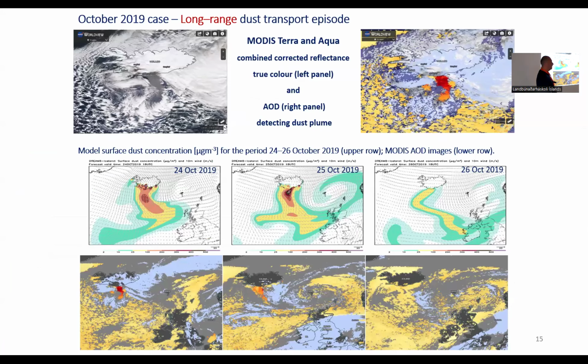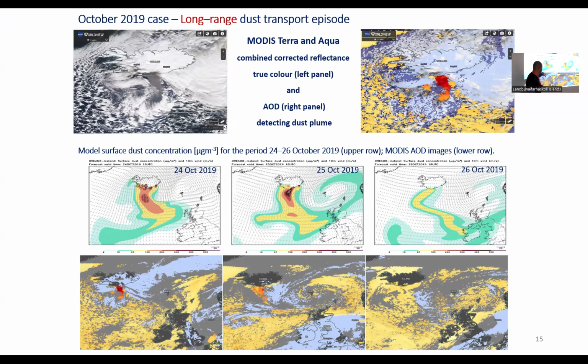Another point: this worked for short range transport. This is a case of long range transport. On the top plots, left and right, the dust plume from the south of Iceland is also clearly visible. Here also AOD, and these are the prognostic, forecasted fields from our model.